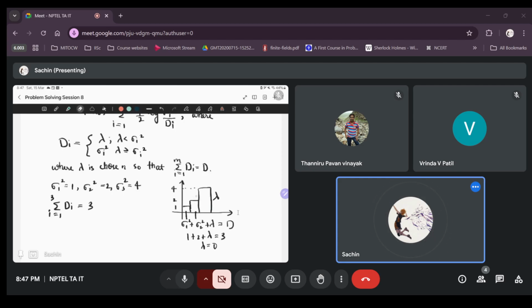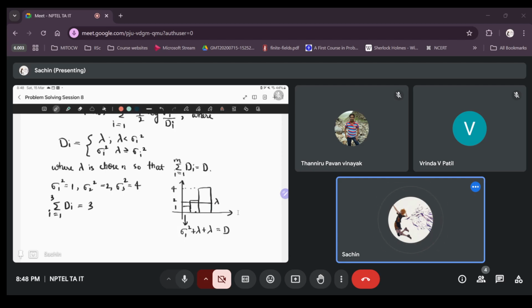I have to bring it so low such that it's below the next highest sigma i square. If I choose that as my lambda, then lambda is greater than sigma 1 square, so sigma 1 square. Lambda is less than the second one, sigma 2 square. So this is lambda and this is also lambda.